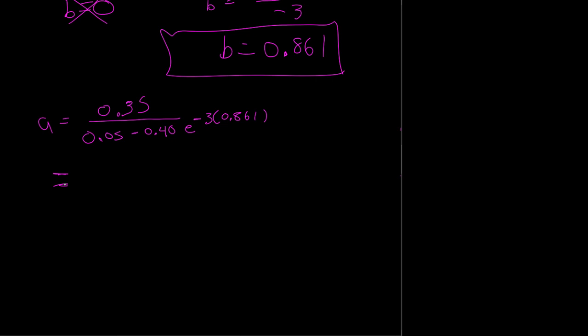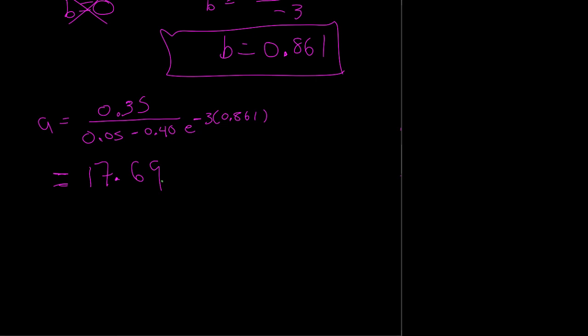I missed, did I mistype something? I typed in a 9 instead of a 6, there we go. That's much better. I get 17.69 for A.